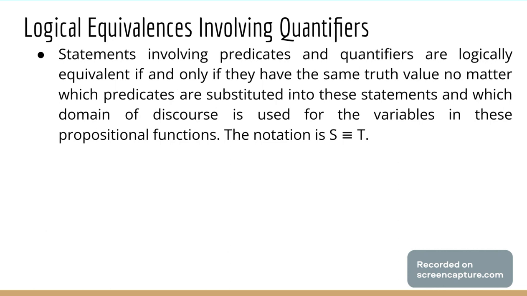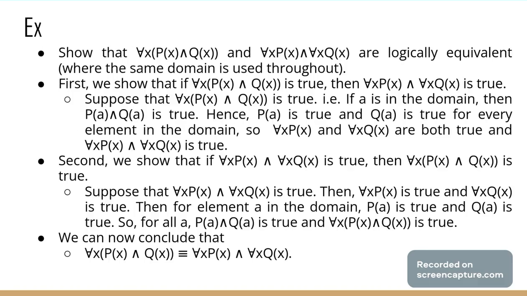So, disregarding what the particular predicate S or the particular predicate T is, even when we change the predicates or the domains, it should be changed throughout, and of course the statement should still be equivalent. Only then can we say that two predicate logical statements are logically equivalent.